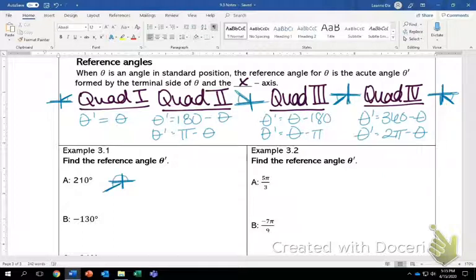I can ask myself, I can backtrack a little bit to get to 180. So if I think about it that way, I went over 180 by 30 degrees. Or I can use the formula from quadrant three, which is theta prime is equal to theta minus 180, or in this case, 210 minus 180.